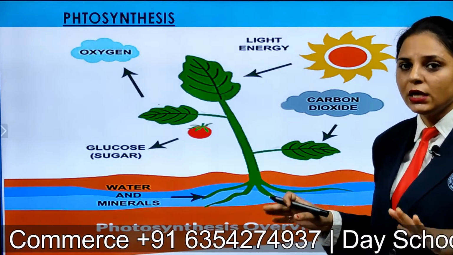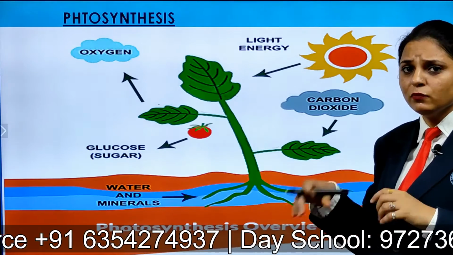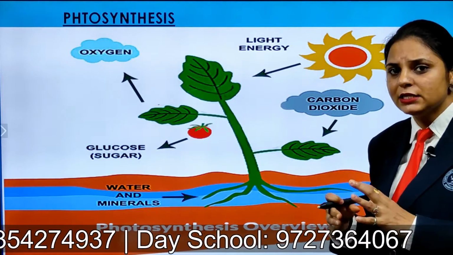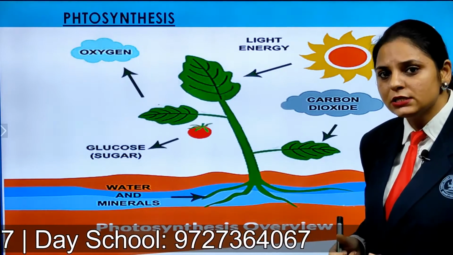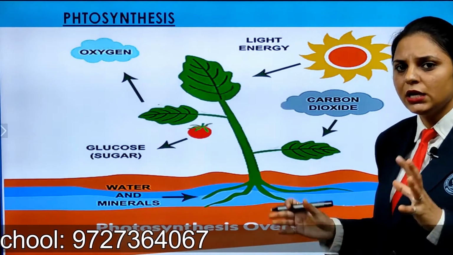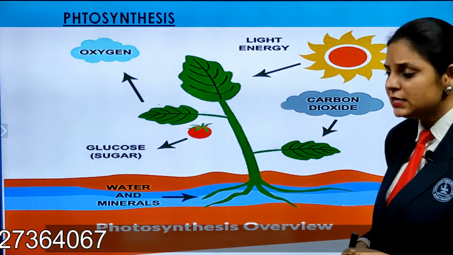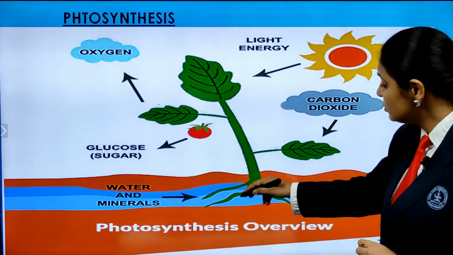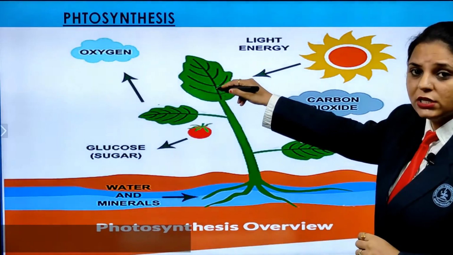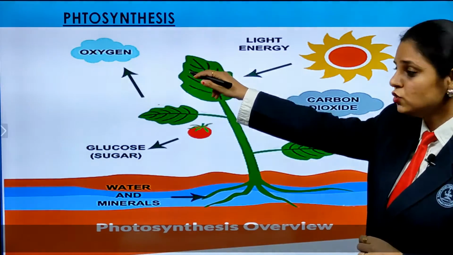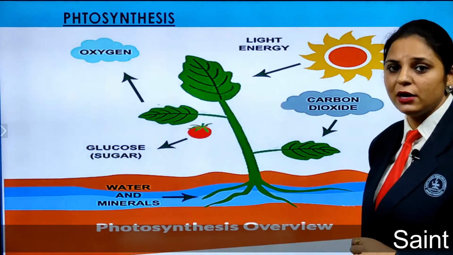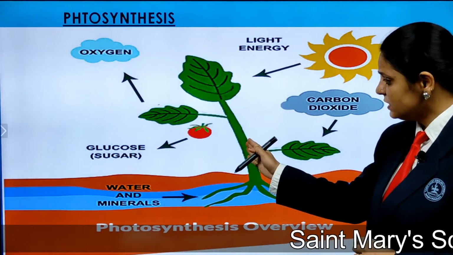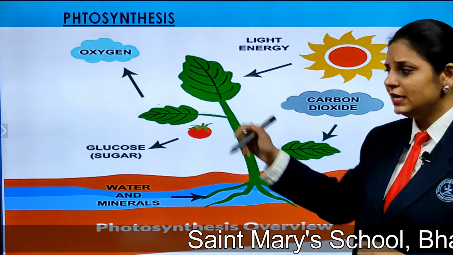Have you seen the water supply connected to all different houses? It's just like the same, the interconnection of pipelines. These are known as vessels, and they transport the water in the upward direction to each and every part of the plant, to the stem, to the fruit, to the leaves too.